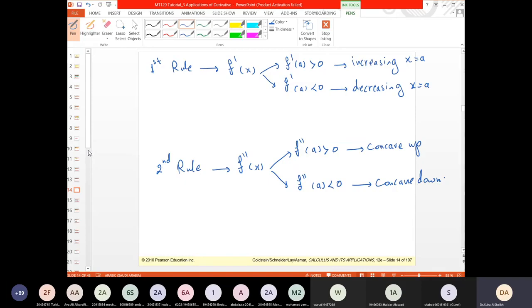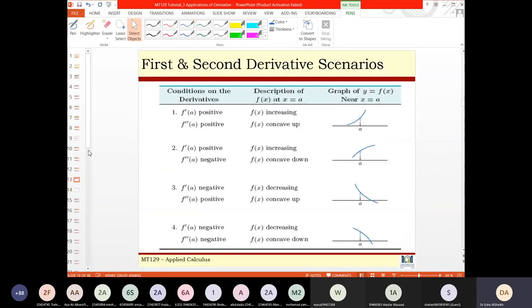Studying the f dash will give me information about increasing, decreasing. Studying the f double dash will give me information about concavity. So if you go back here يقول لي إن لو كانت f dash positive راح تكون increasing، وال f double dash بعد positive معناها concave up. فincreasing or concave up, how does it look like?